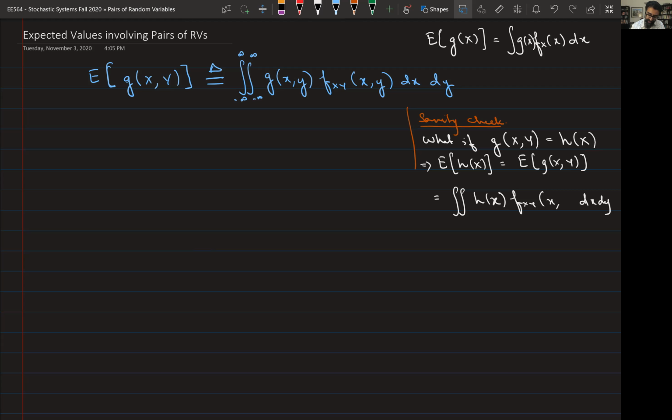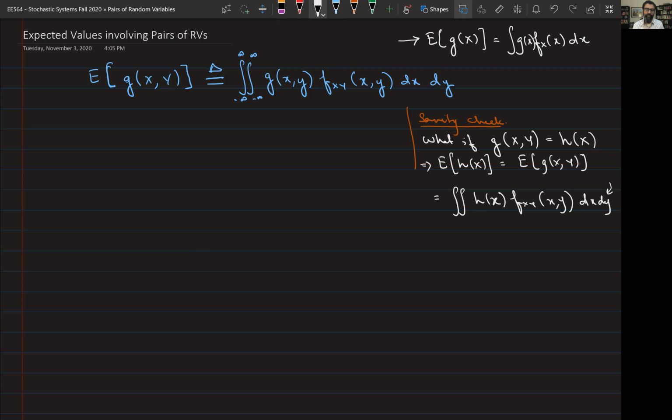Now, here's the reason why I say this is a sanity check. This appears to be at odds with the definition I have up above. One definition is this, and another definition is this. You can't have two definitions for the same thing, unless they turn out to be the same.